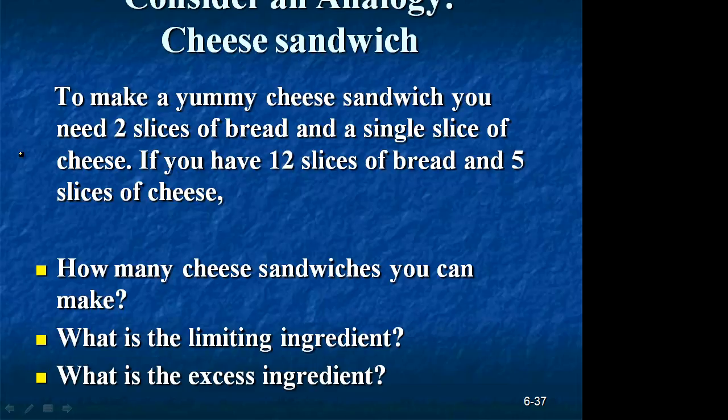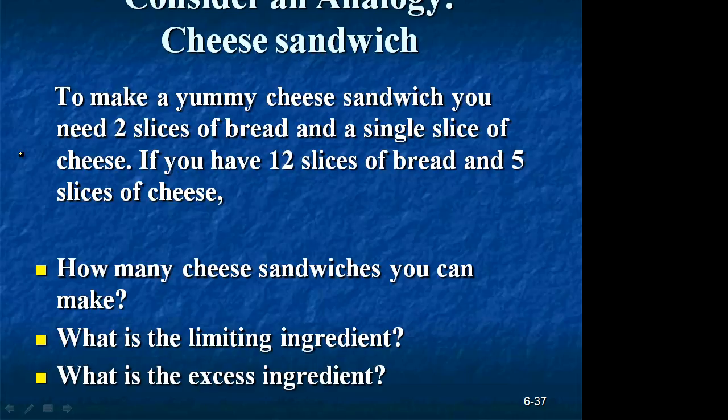How many sandwiches can we make? 5 sandwiches, because you have only 5 slices of cheese, right? And each sandwich needs 2 slices of bread. So you will use 10 slices of bread and you will make 5 sandwiches. Now, in this example, what is the limiting ingredient? Now start thinking. Cheese is the limiting ingredient, which is completely used up, right?